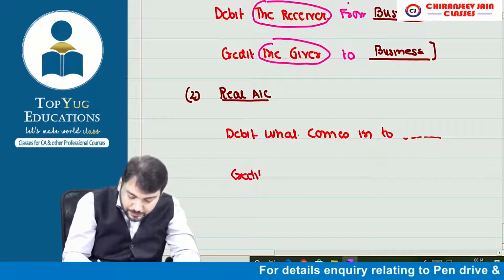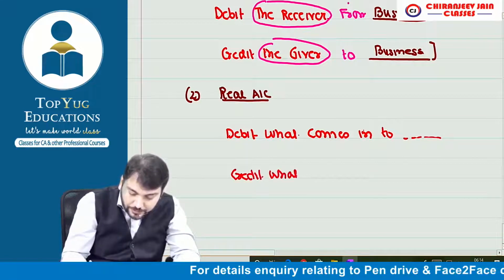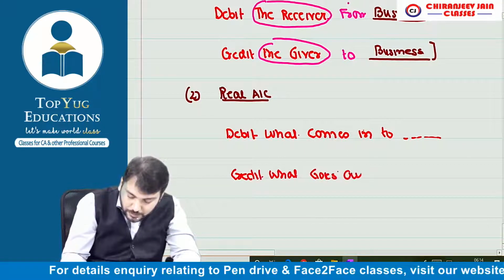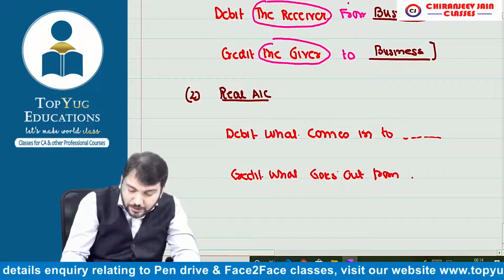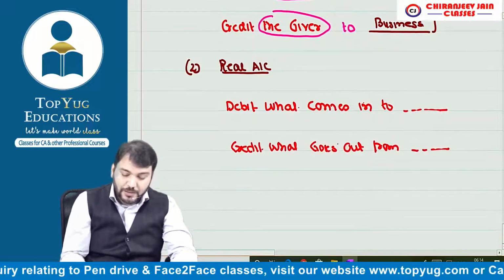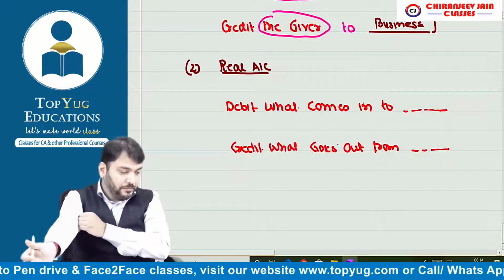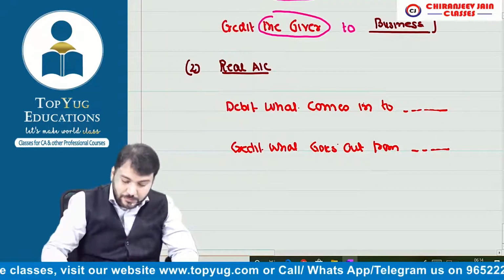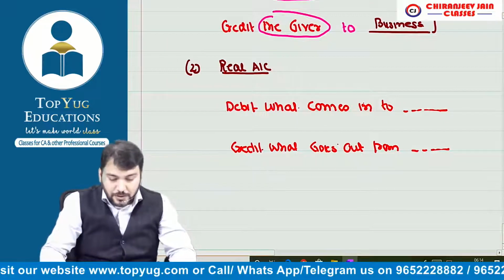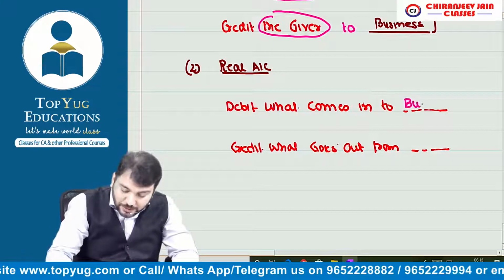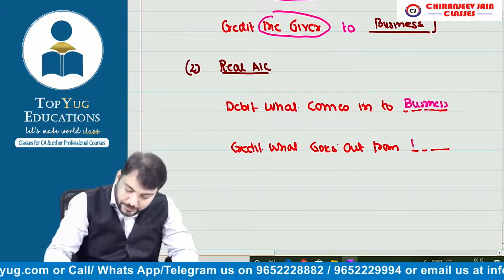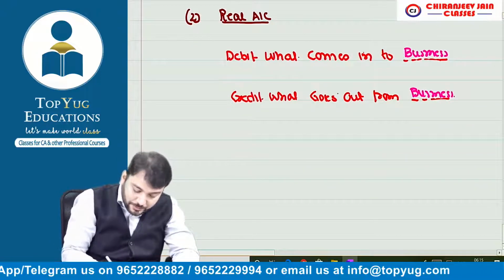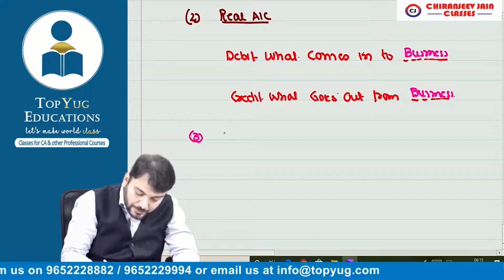Credit what goes out. From what? Fill the blank. Comes into what? Now you are saying correct. It is business. This is also business. Business. Correct. Very good.